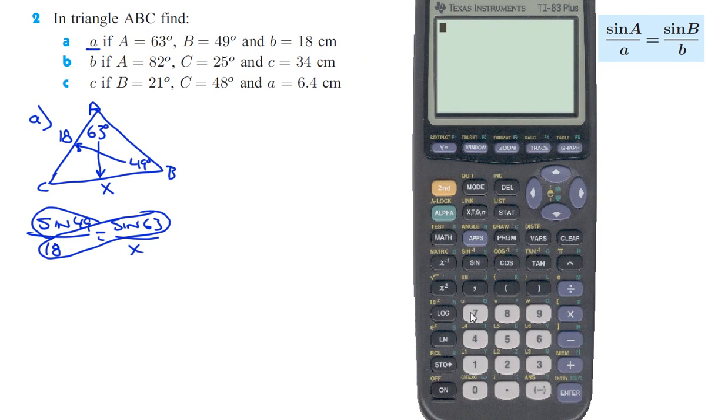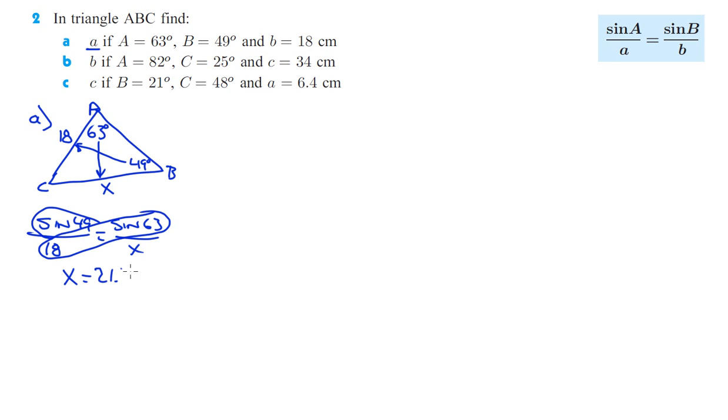So let's do that. We'll do 18 sine 63 equals 16.038, and then we're going to divide that by sine of 49. So that gives us 21.25. So I'm going to go with 21.3 if we round it. 21.3, and these are in centimeters.